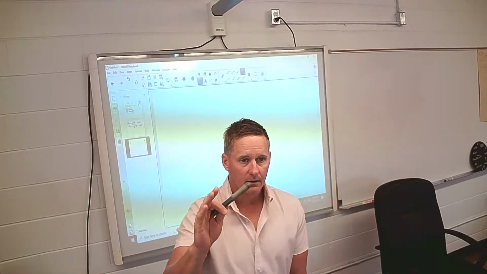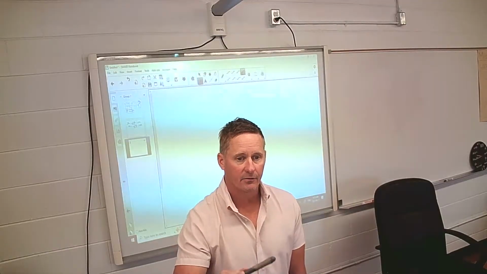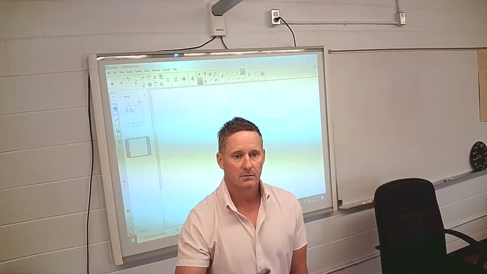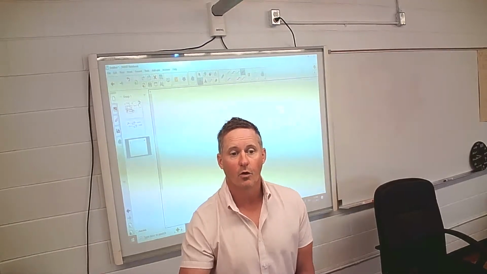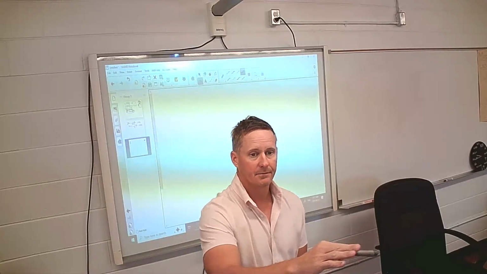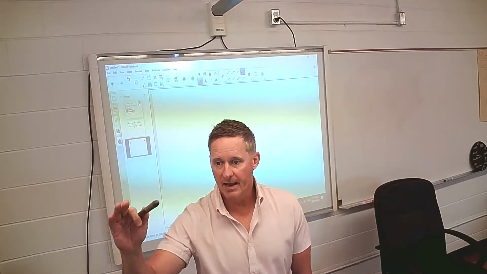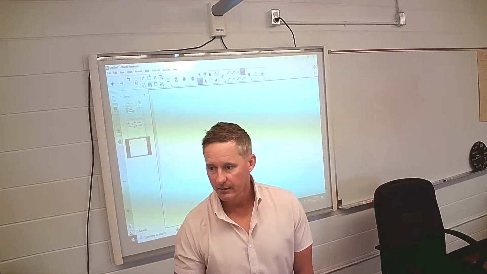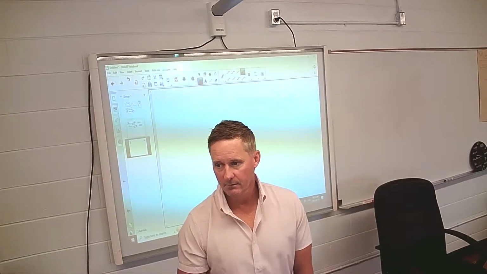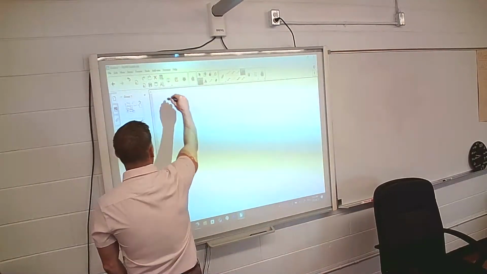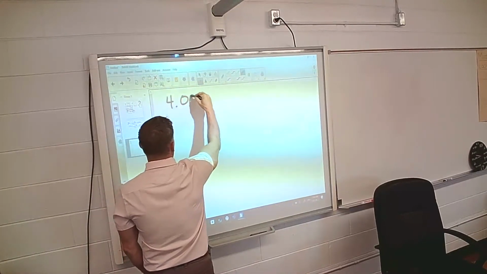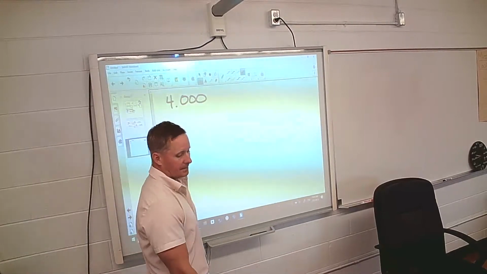Okay, well, no. All I want is the whole number value first. So it's between 4 and 5, so it's 4 point something. Agreed? Everybody's okay. So the big number is 4. So I'm going to go 0.000, just like that.